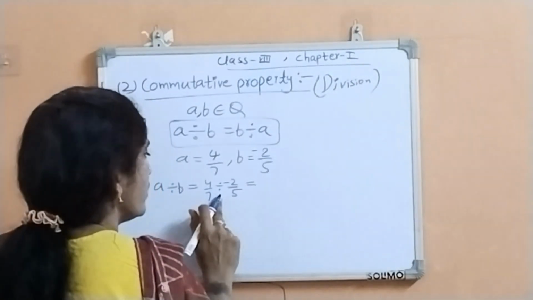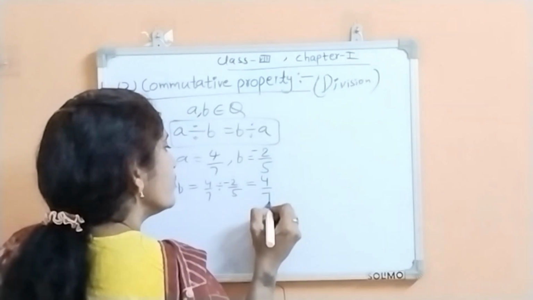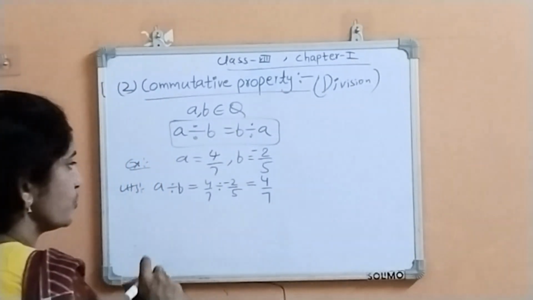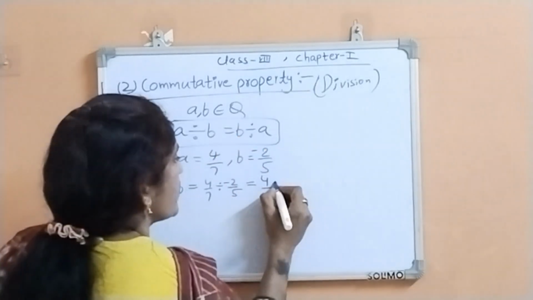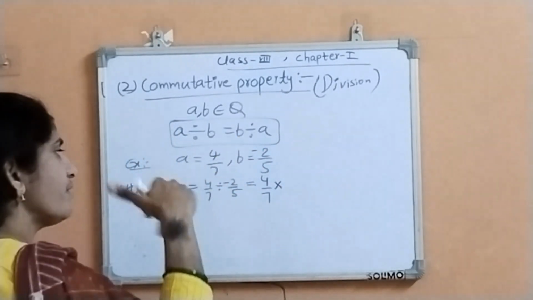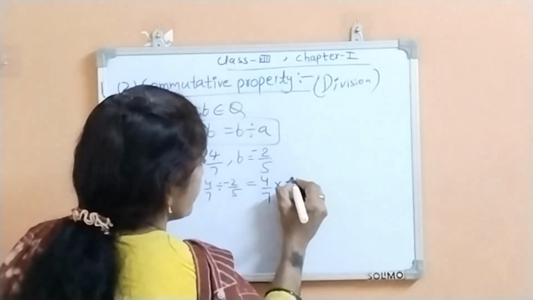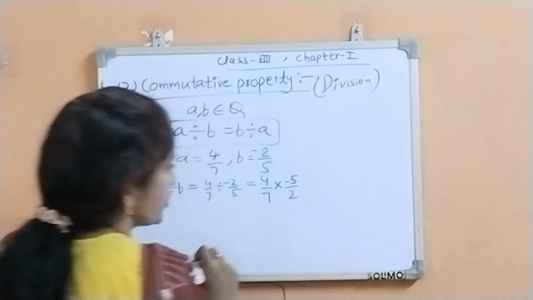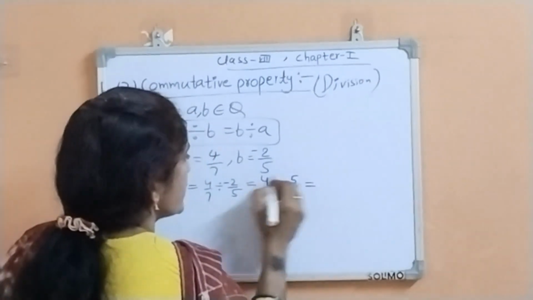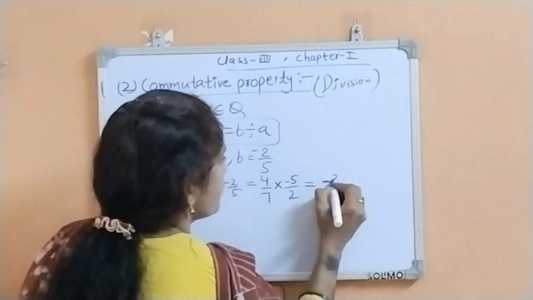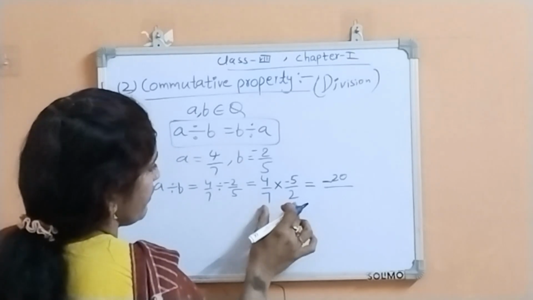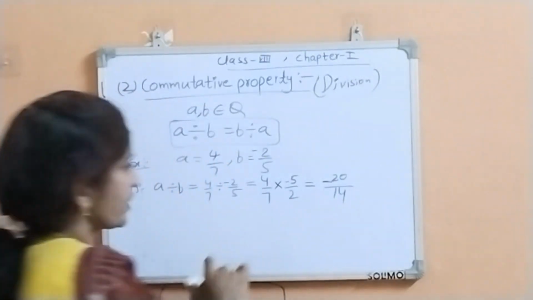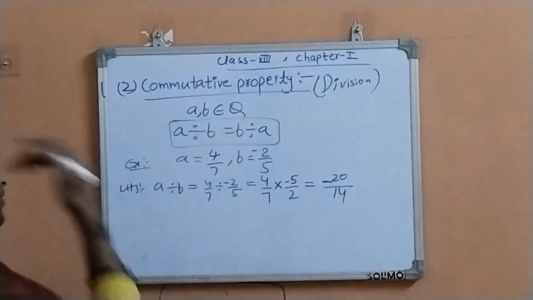So I am going to keep the first fraction as usual, and change the division symbol to multiplication, then for the second fraction we write the reciprocal. Okay. So now plus into minus is minus. 4 fives is 20 by 7. Sorry, here 7 twos is 14. Okay. So this is LHS.